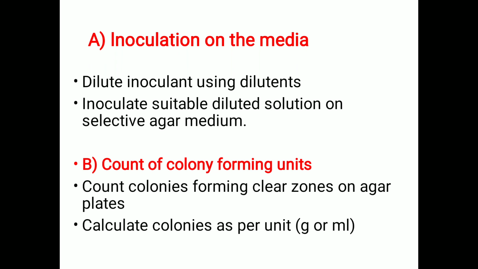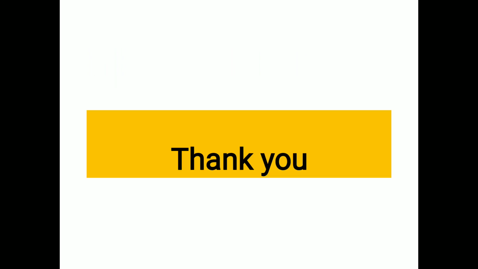That means the inoculant should be transferred onto suitable agar media. After that, count the colony forming units. Count the colonies forming clear zones on the agar plates, and calculate the colonies per unit in gram, or per ml if it is liquid.